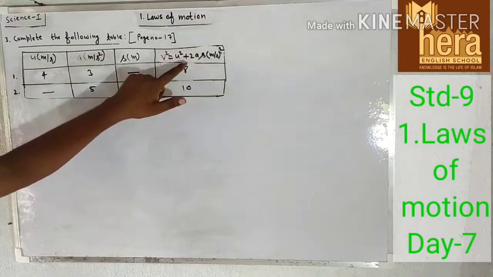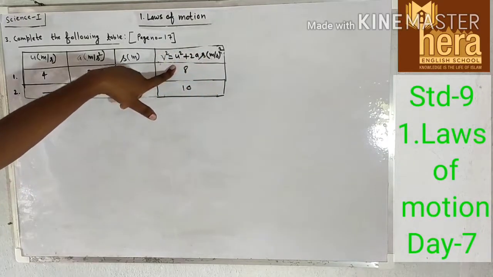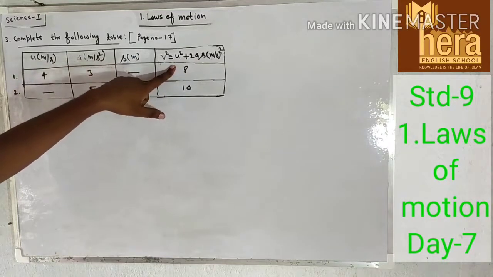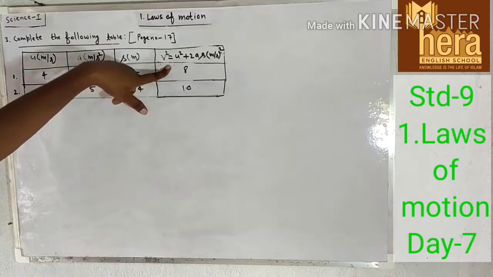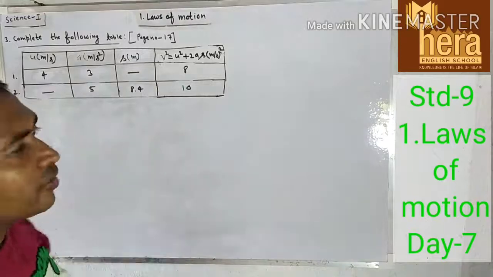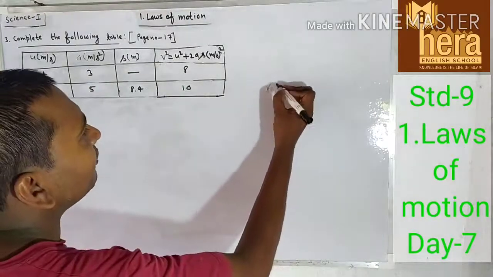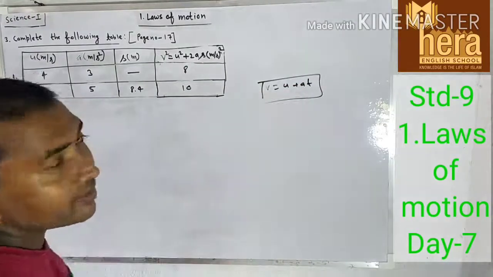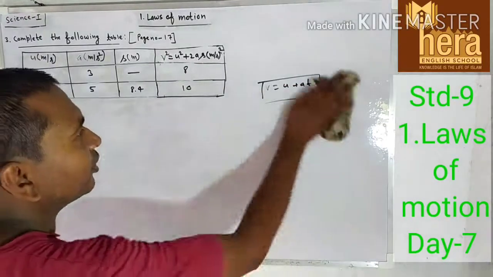Can you tell me, is this Newton's first equation of motion or second equation of motion or third equation of motion? This is Newton's third equation of motion, right? What was the Newton's first equation of motion? So that was V is equal to U plus AT. This was Newton's first equation of motion.